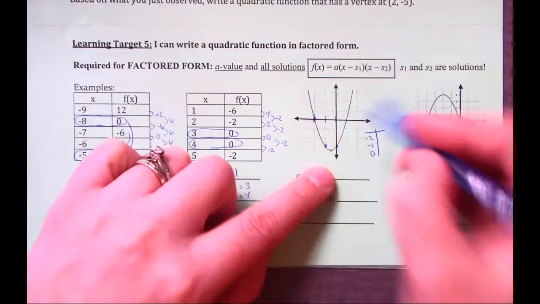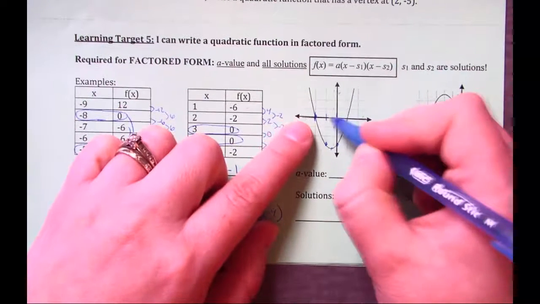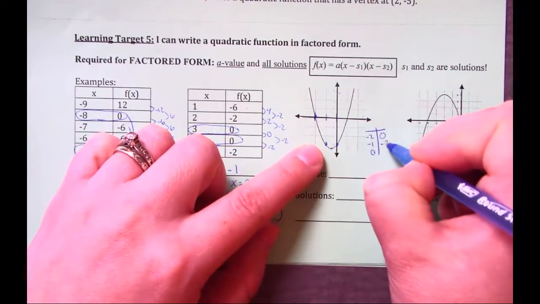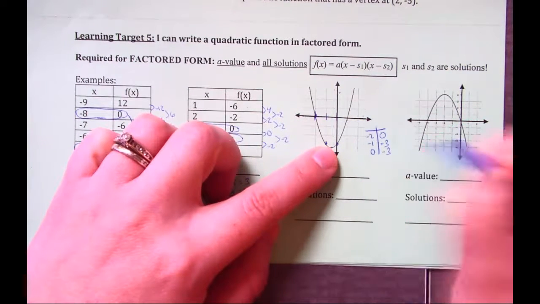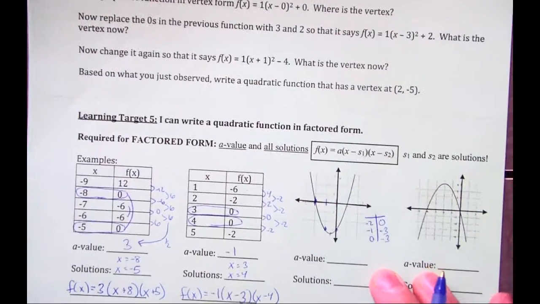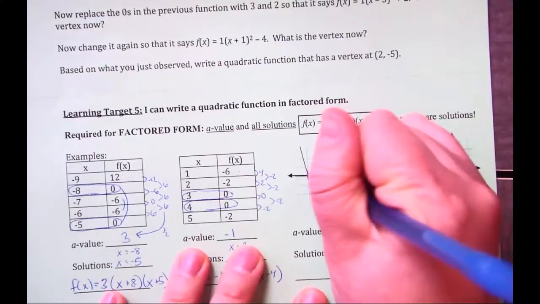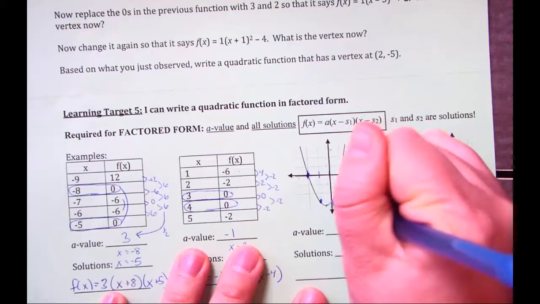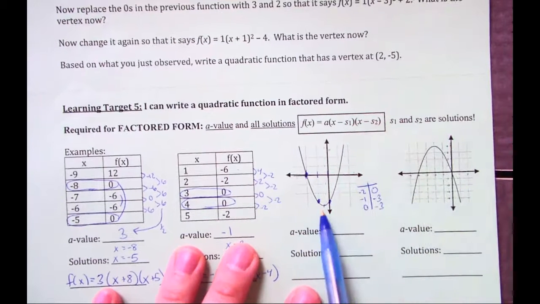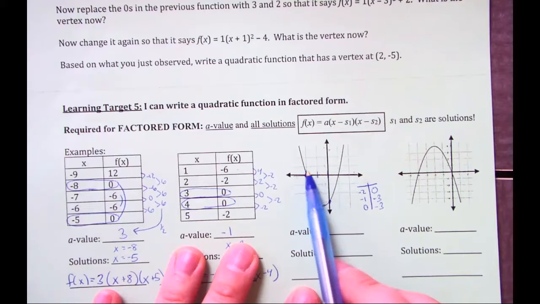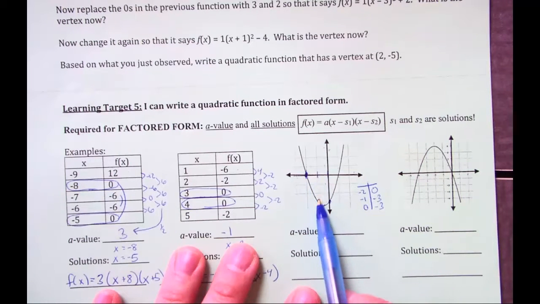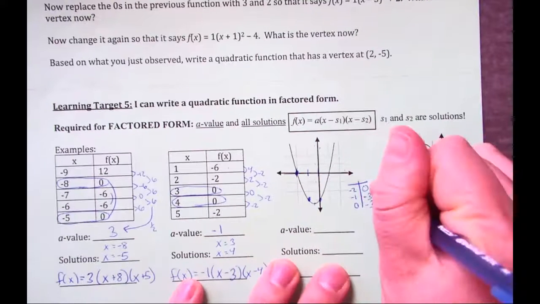Okay? And so -2 is 0. -1 is -3. And 0 is also -3. So we can use this little table here to find our a value. I just picked 3 points in a row. This one, and this one. This is in the middle of 2 points, so I'm not using that point. I'm using -2, -1, and 0. And so I can use this to find my table.